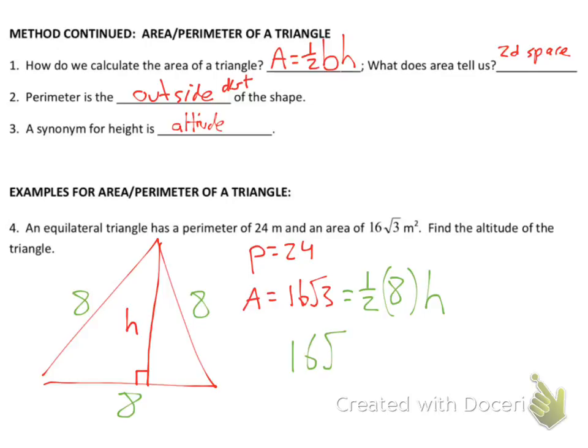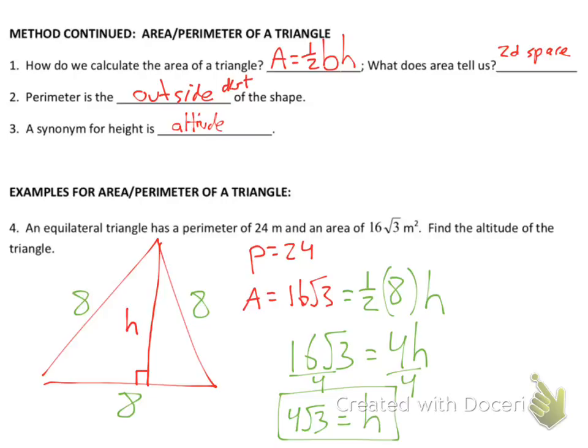So 16 square root of 3 equals 4h. Get rid of 4 times h. I will divide by 4. What's 16 divided by 4? So it's 4 square root 3, because square root of 3 didn't go anywhere, equals h.